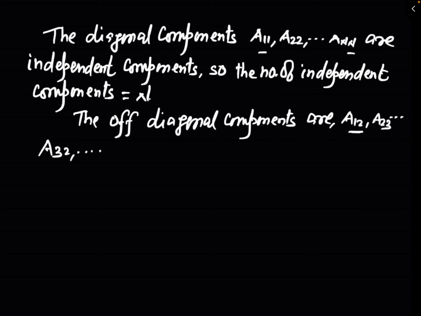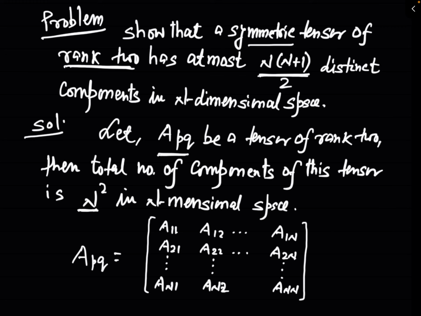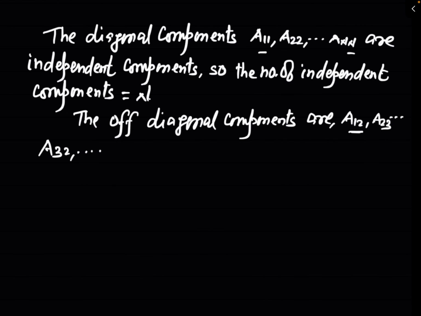As the total number of components you know is n square, and the number of independent components here, that is the number of components which are on the diagonal of this matrix, is equal to n. So the total number of off-diagonal components will be n square minus n.